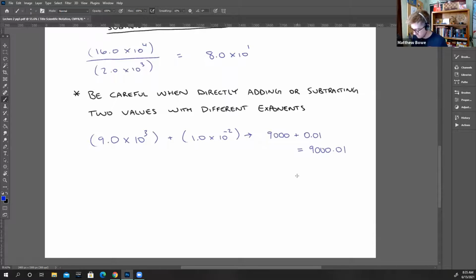So next up, we have raising the exponent to another power.